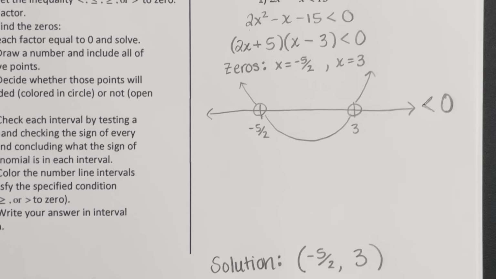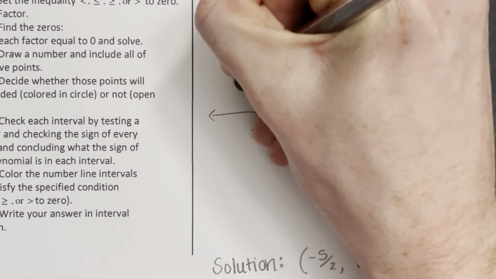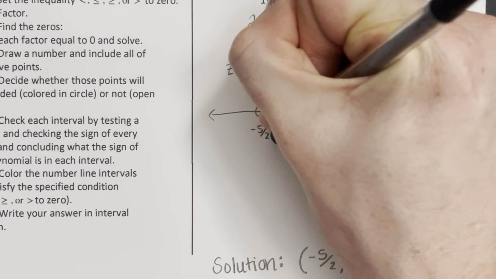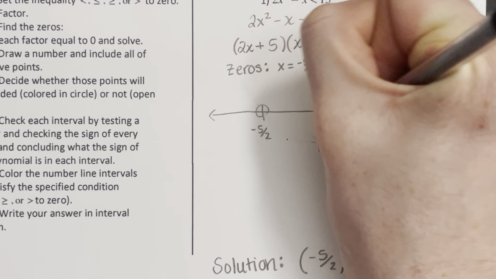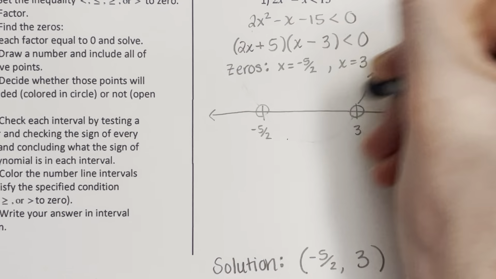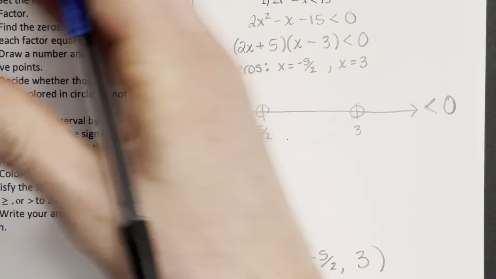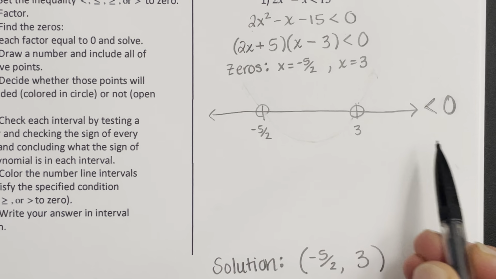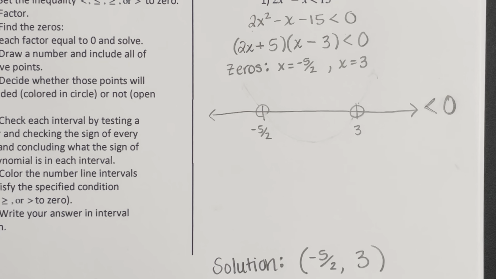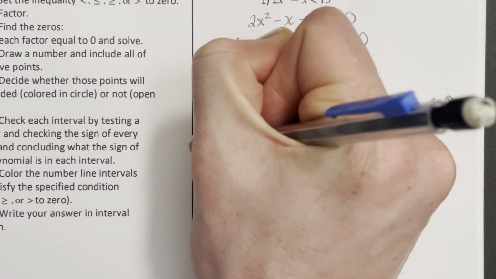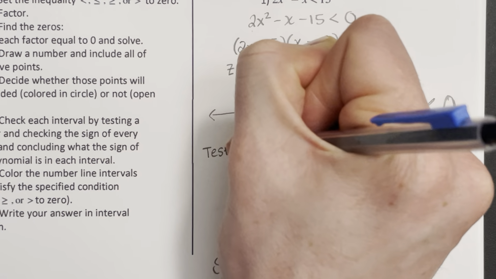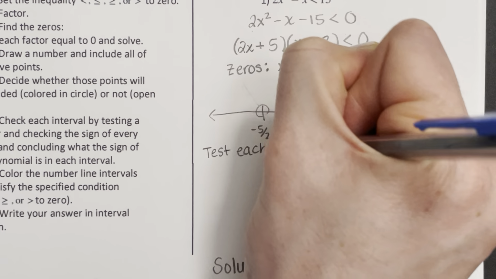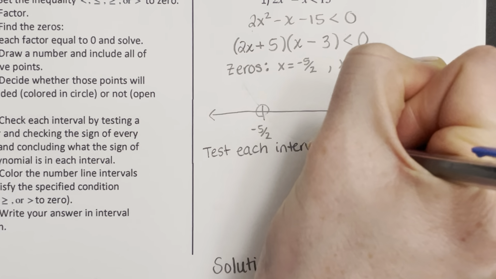Without doing a graph, we can still think about this number line and try to test out where the function is, if it's positive or negative, if it's above 0 or below 0. So what we do is create our number line and do some test intervals. So we're going to test each interval here.